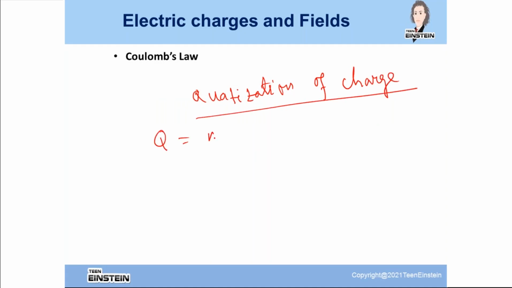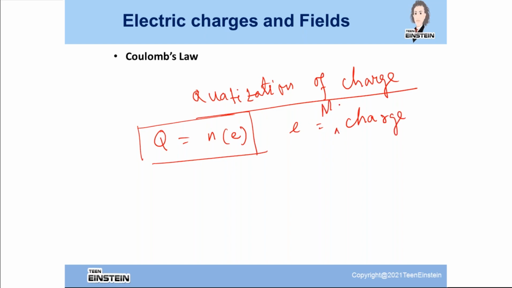So when we can express a certain amount of charge in terms of integral multiple of certain basic unit, and that we denoted as e. That basic unit we have taken as e. e is the charge, like magnitude of electronic charge or protonic charge.